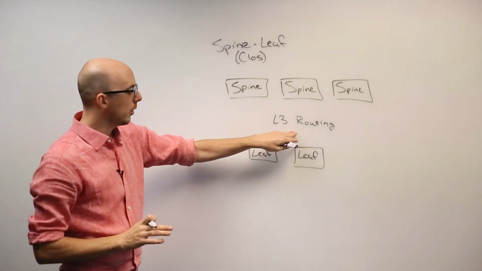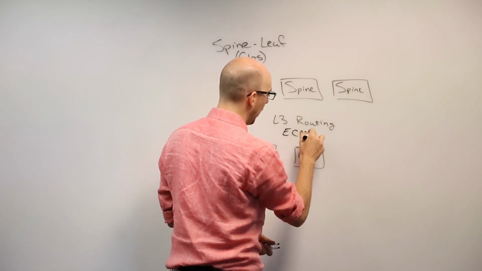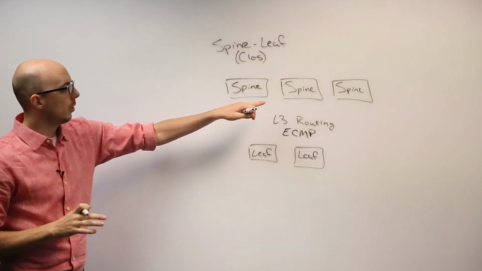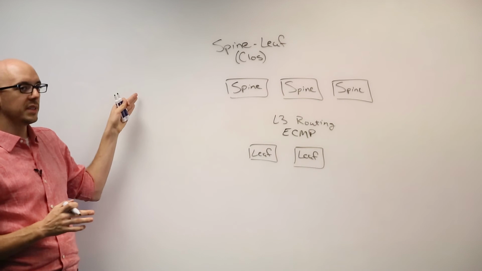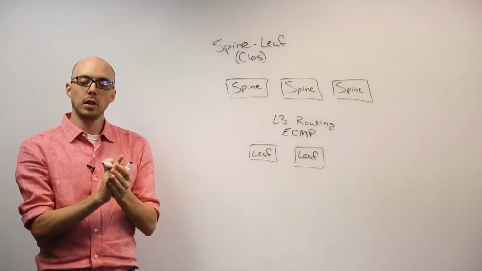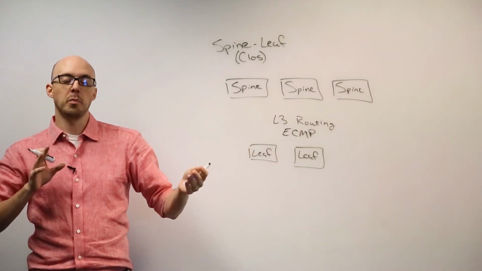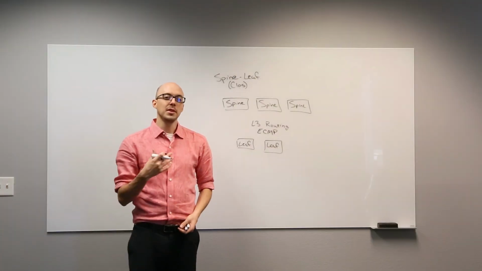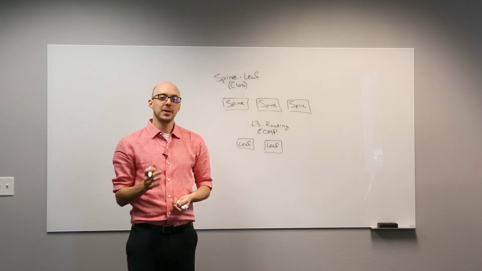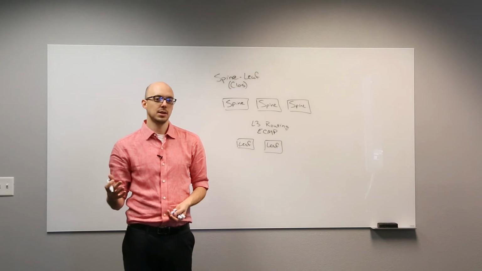So by using layer 3 routing, I gain the ability to use equal cost multipathing and be able to use 3, 4, or 16 spines. However many spines I have, I can load share my traffic out of a leaf across all of those spines based on routing. In previous videos, we've talked about VLANs and VXLANs for tenant isolation and layer 2 extension.